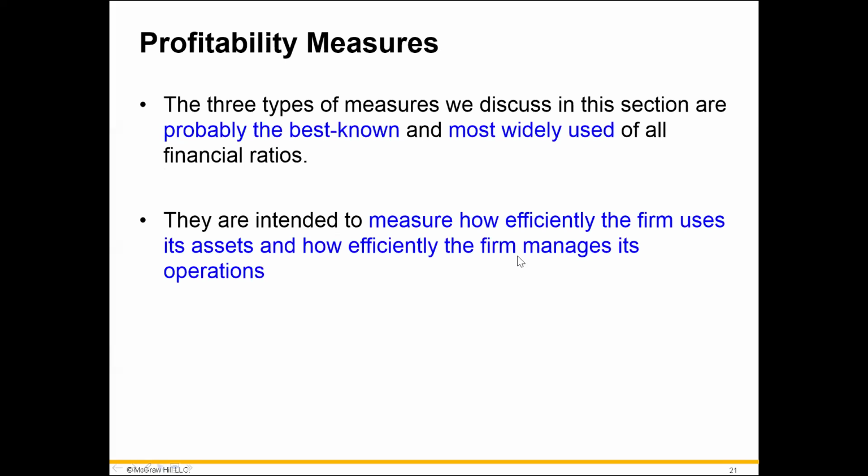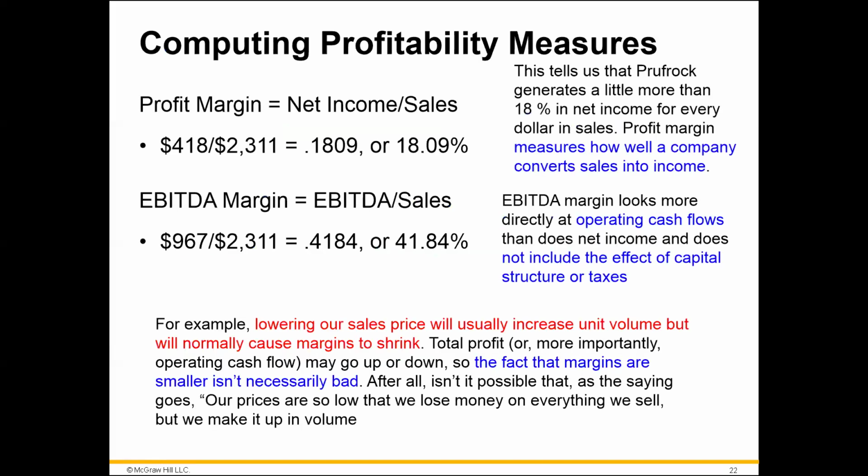All right, let's move on to the profitability measures. This is the most common measure in ratio analysis. These ratios measure how efficiently the firm uses assets and how efficiently the firm manages its operations, right? One of the most popular profitability measures is the profit margin.